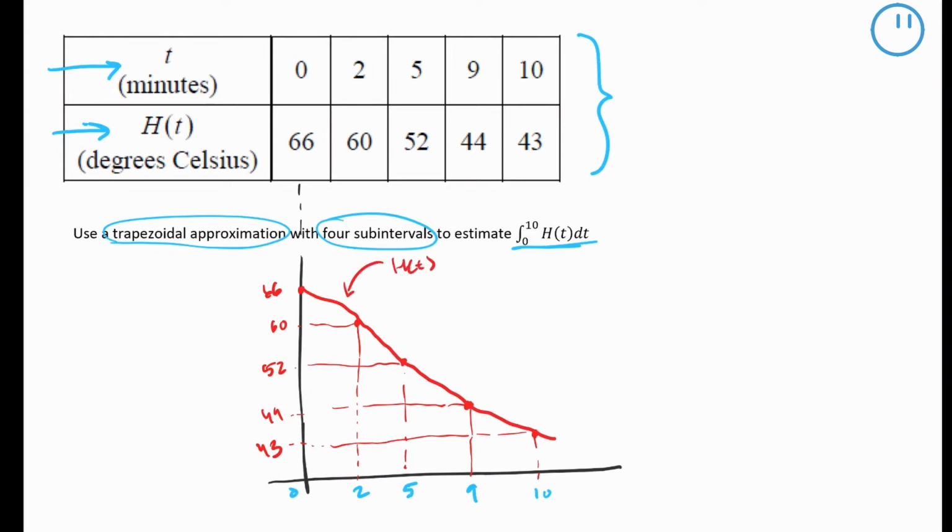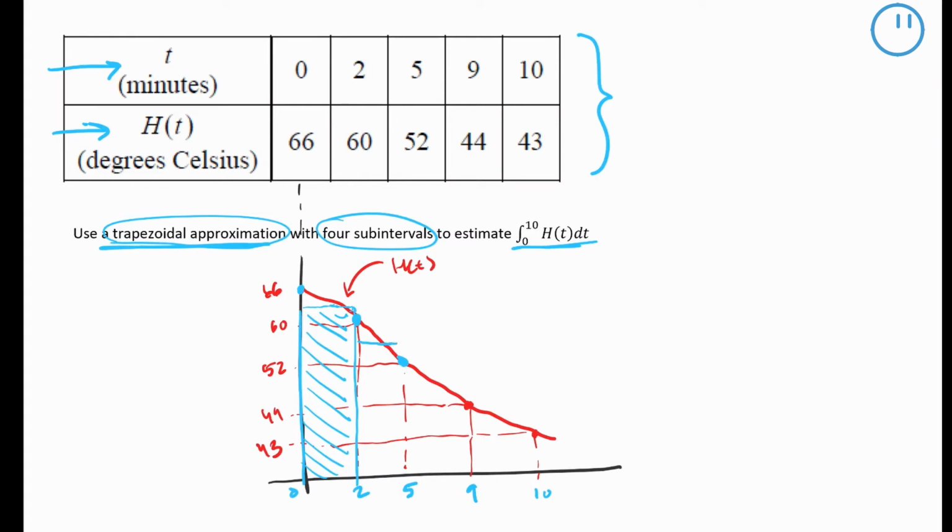And we are going to be asked to use a trapezoidal approximation, which basically means that we are going to use the average of these 2 points as the height of our rectangle. So the average of these 2 points is going to be roughly this midpoint right here. And so the area is going to look like this. Similarly, we're going to take the average of the next 2 points.